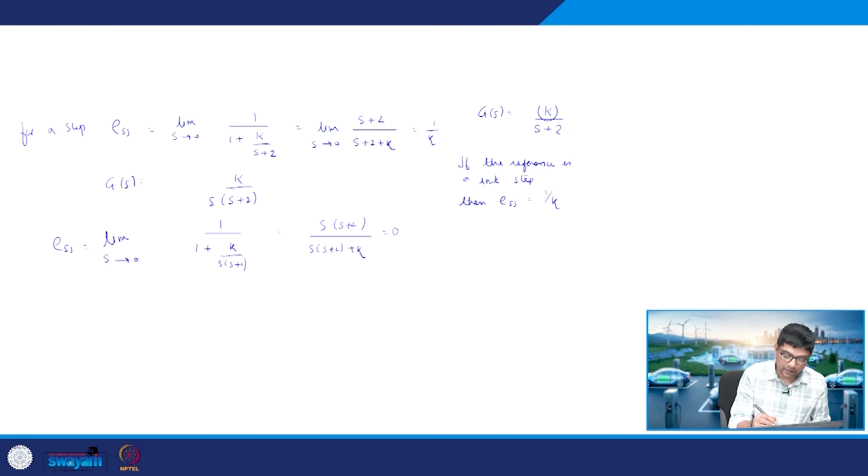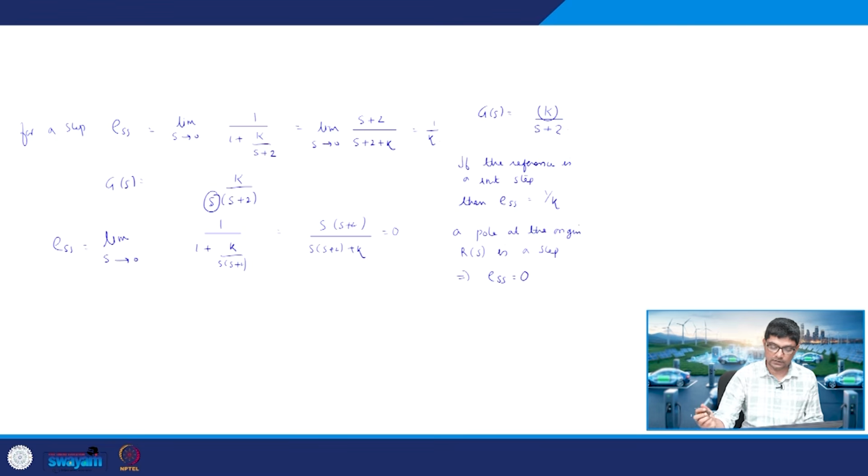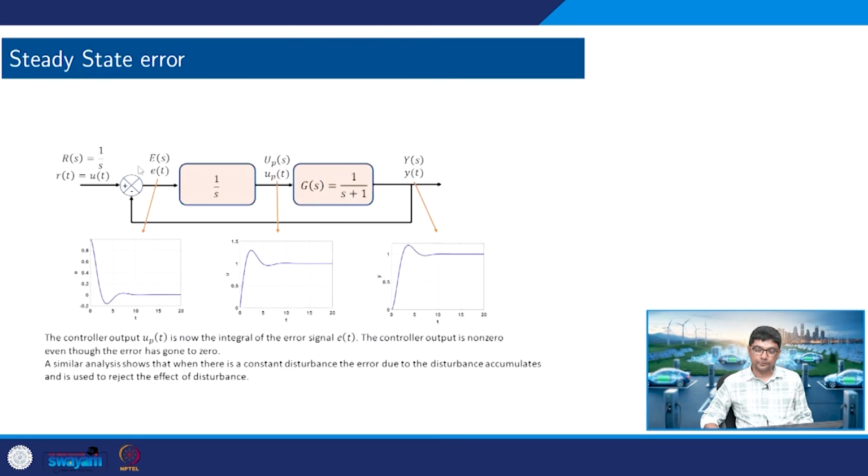So if I add a pole at the origin and R of s is a step, it will mean that the steady state error is 0, right? I can maybe just see how the picture of this looks like. Okay, so I have a pole at the origin for G of s, so I am just multiplying these two, I call it G of s.